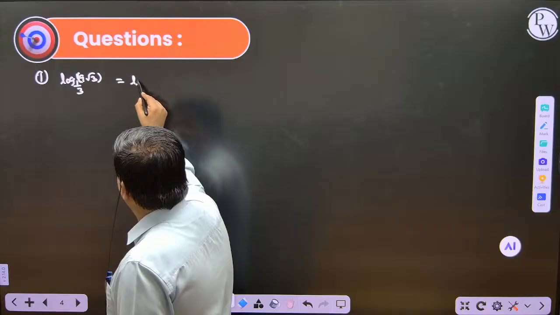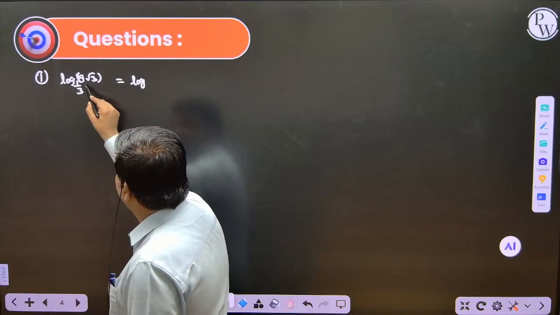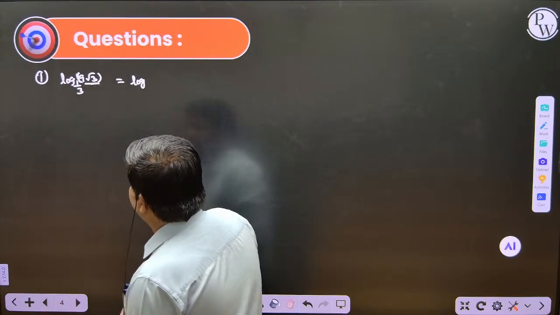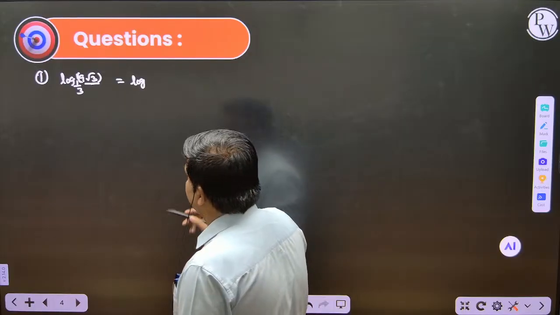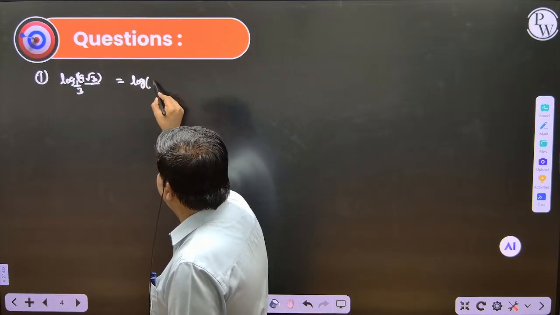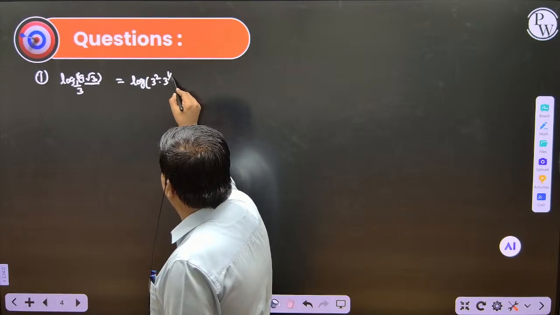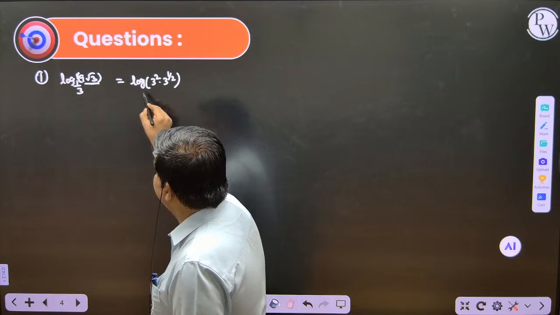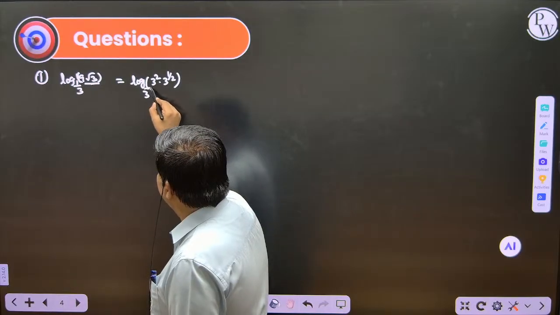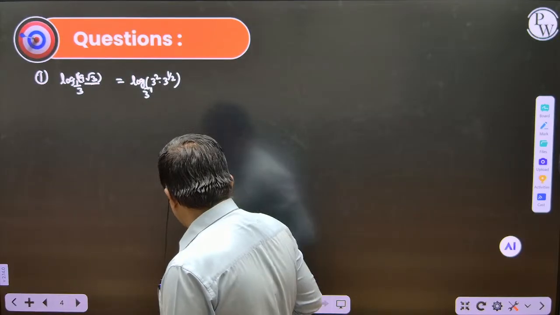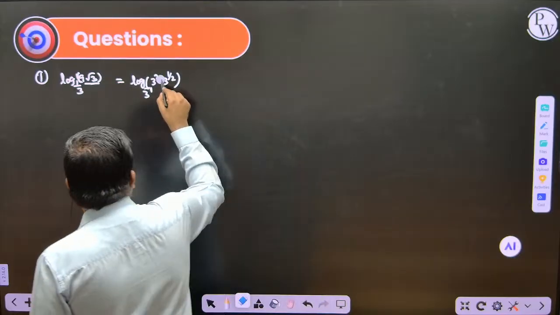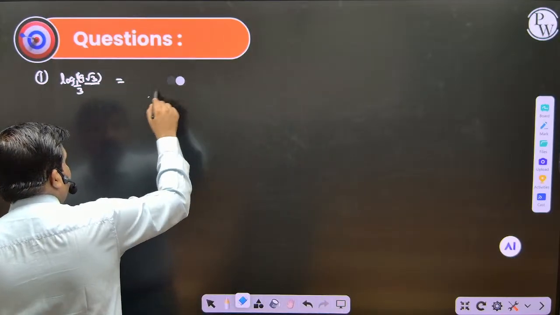Just look here. First, 9 root 3 can be written in terms of 3. How? It is 3 square into 3 power 1 by 2. And 1 by 3 can be written as 3 power minus 1.